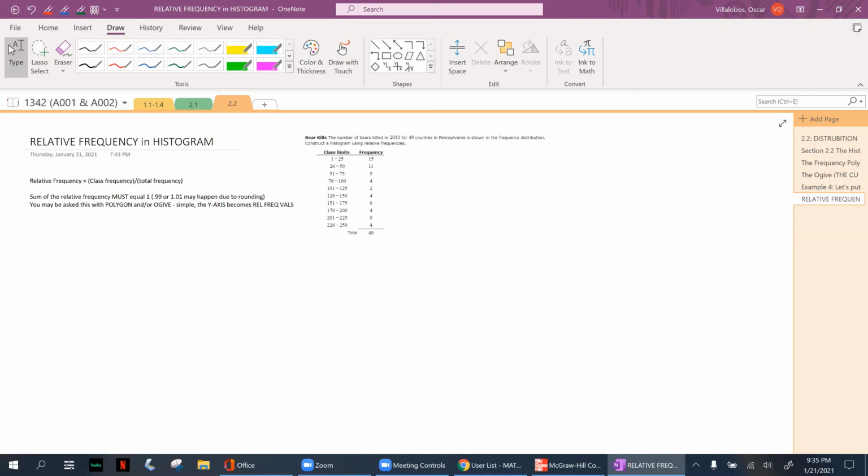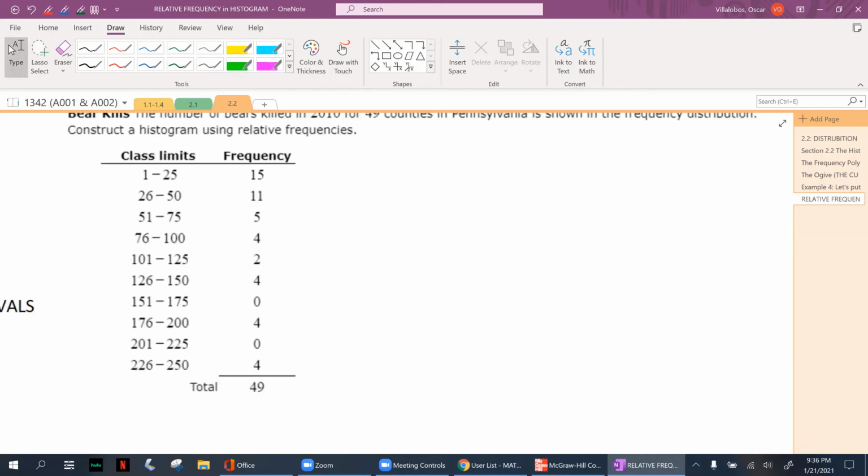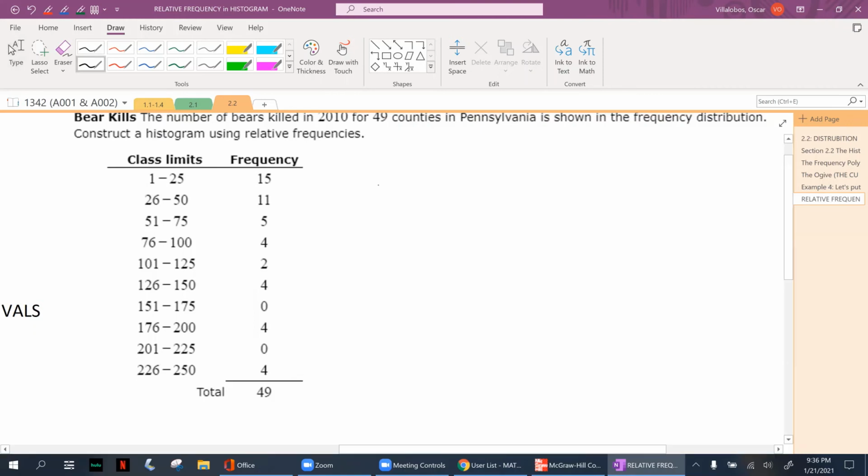It's up here. The formula for relative frequency is the class frequency divided by the total frequency. So for the first class, my relative frequency is going to be 15 divided by 49. Let's go ahead and plug that in. Let's do 2 decimals and round up.